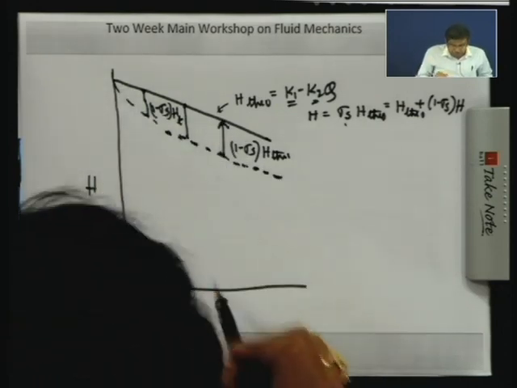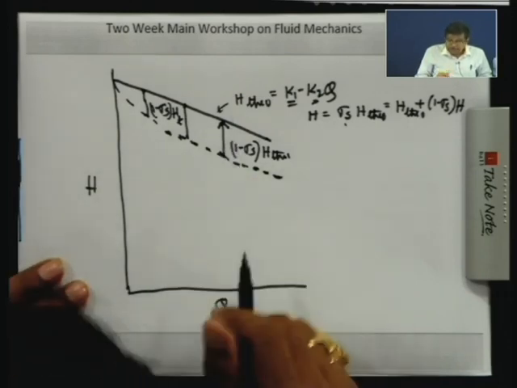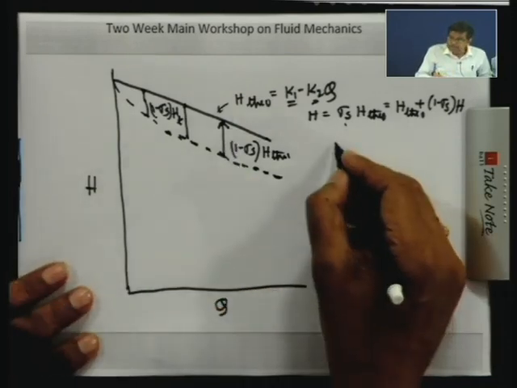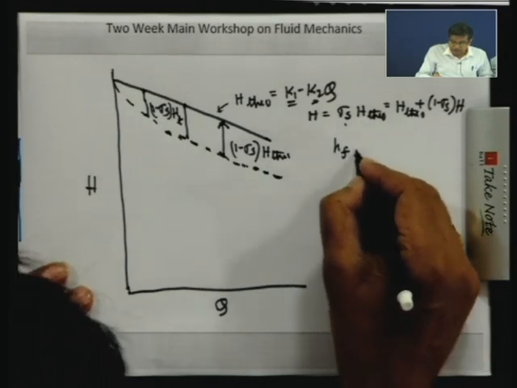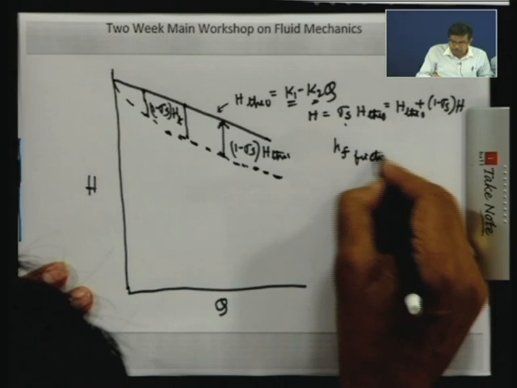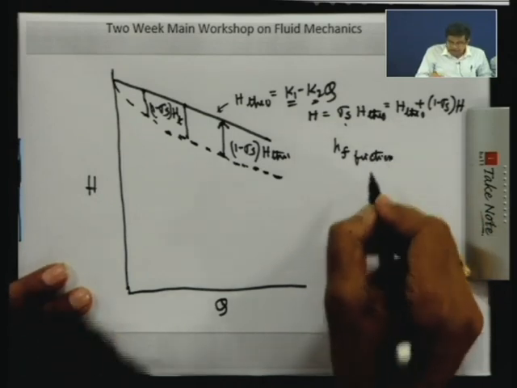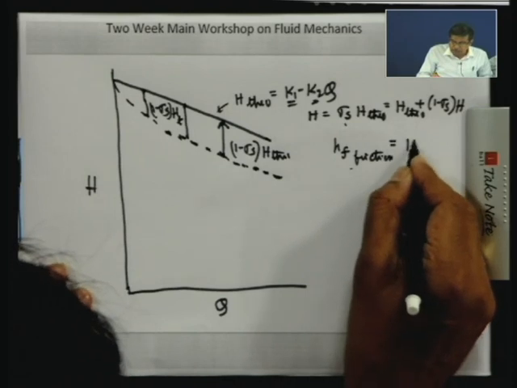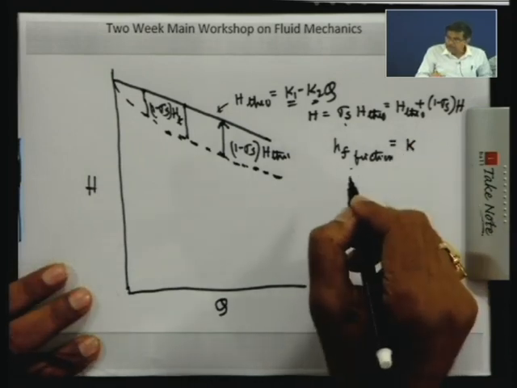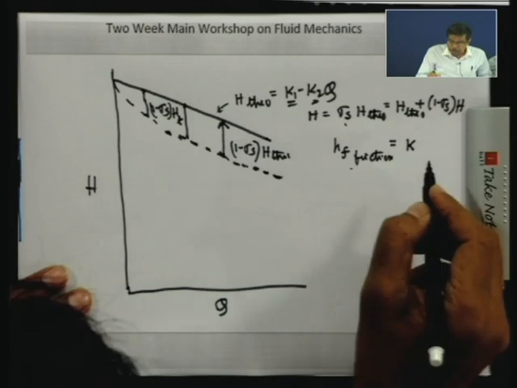Now we have to subtract two losses. One is the skin friction loss, HF, due to skin friction, simply friction due to viscous losses. This loss is proportional to velocity square, as we have seen that in turbulent flow it is proportional to velocity square.